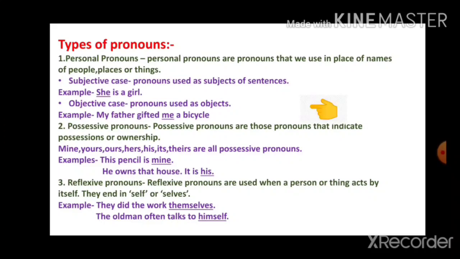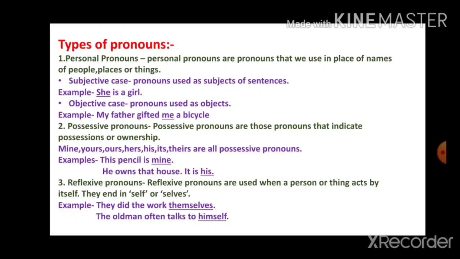And object too. For example, you see, subjective case: pronouns used as subjects of sentences, like She is a girl. She is used here as the subject of the sentence. For example, if I say Ritu is a girl, instead of Ritu I have used here she is a girl.